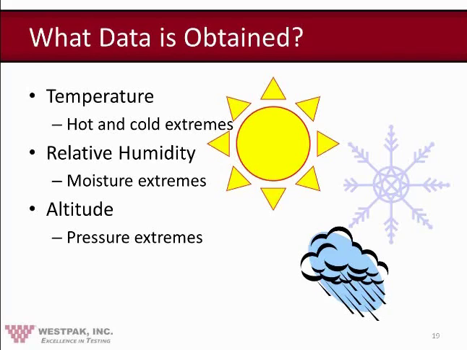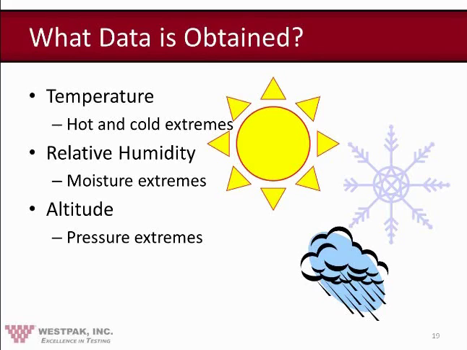So instead of the 100, 105 degrees we see, it's going to be a lot hotter than the actual outside temperature. That's one thing you definitely have to account for when designing a package system for your product. And with cold extremes, you don't really have to worry about that too much, just because it doesn't get colder in the vehicle as time goes by.